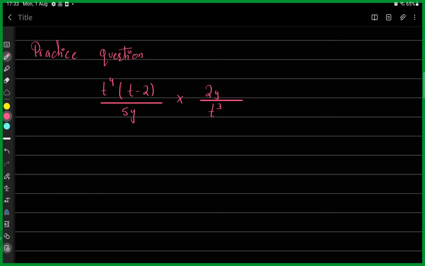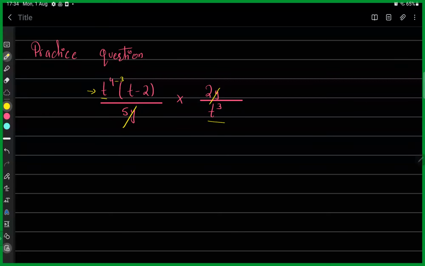Okay, let's see. Now again, two fractions with the multiplication sign means that I can certainly cancel out and simplify all of it. So y and y would be cancelled directly. I have t cubed here and I have t to the power 4 here. What I can do is just do t to the power 4 minus 3, because when bases are the same and when the two numbers are being divided, I can subtract the powers.